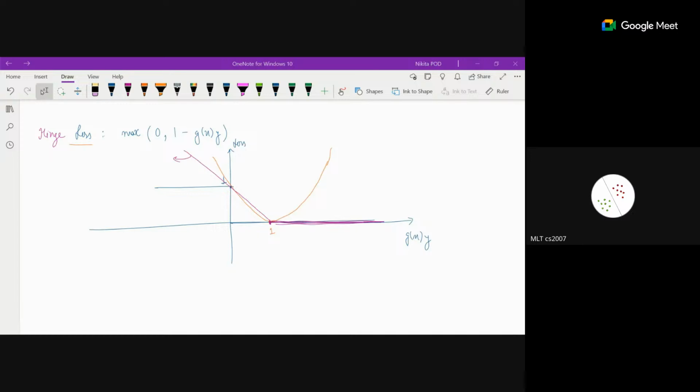Any doubt so far? Ma'am, how is it a convex function? How do you define a convex function?